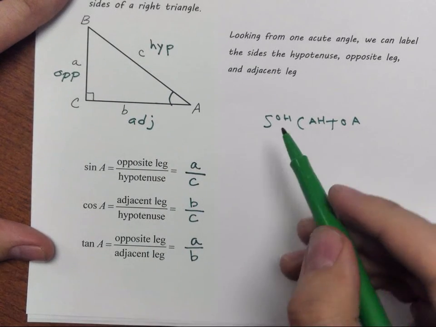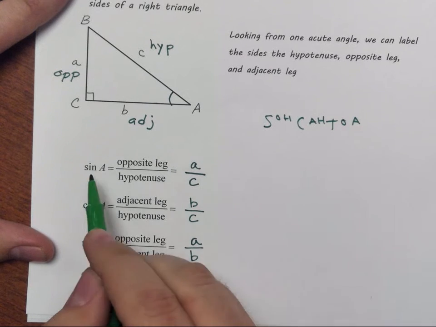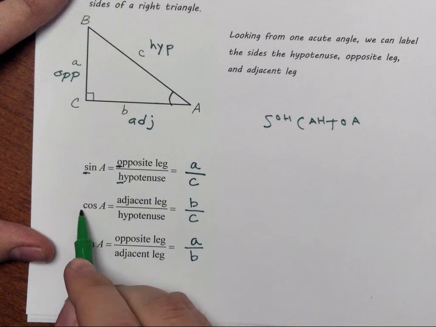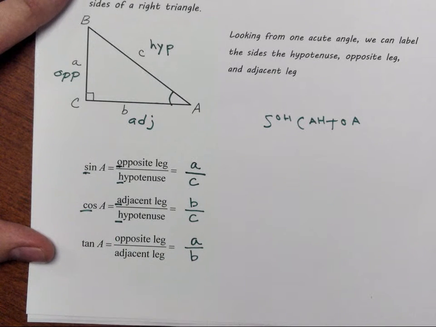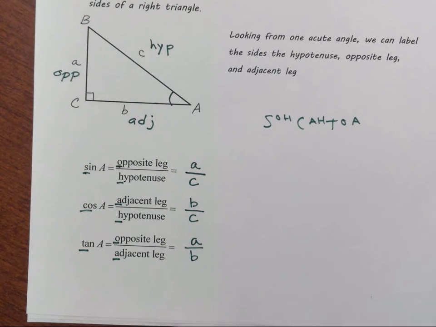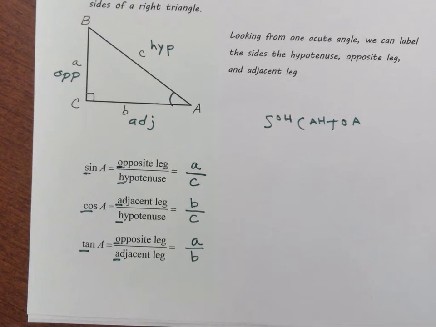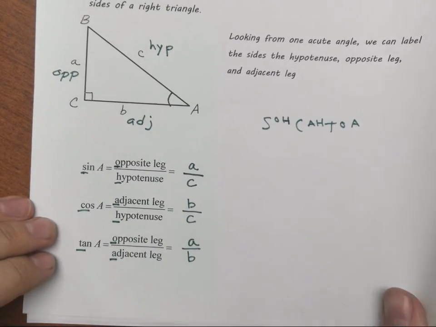All that it's telling us is that sine is the opposite leg over the hypotenuse, cosine is the adjacent leg over the hypotenuse, and tangent is the opposite leg over the adjacent leg. That is all that SOHCAHTOA is trying to tell us. It's very useful, as we will have to set up these ratios many times over when we are using trig. So I advise you to commit this to memory, because you don't really have much of a choice on that one. Let's continue.